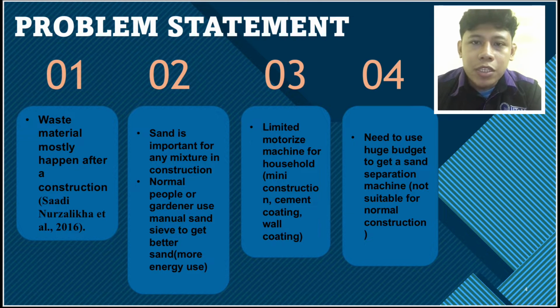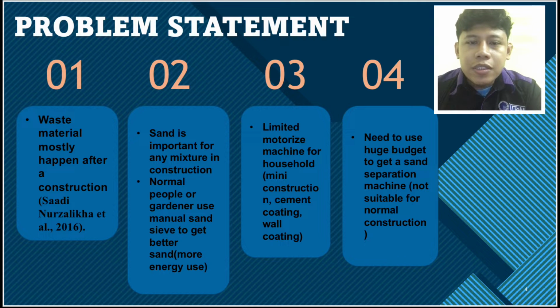So from that we can notice it is the most basic material for construction use. Other than that, this project was also created because normal people or gardeners use a manual sand sieve to get fine and good quality sand. So from that we can see that they tend to use more energy and manual effort just to get fine and good quality sand.